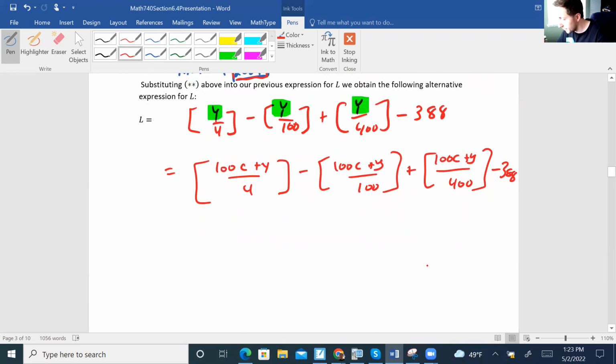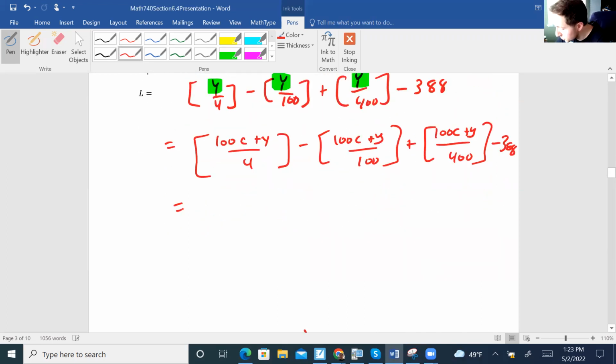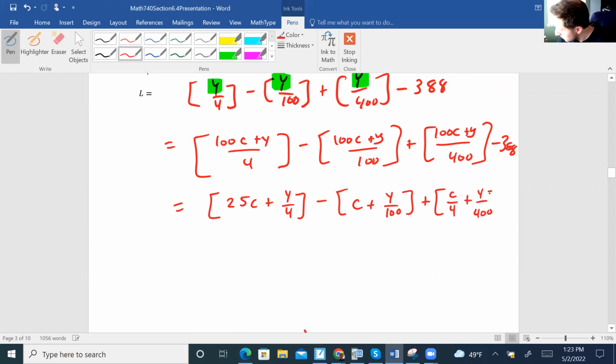And doing a little bit of simplifying here, splitting the fractions apart, this would give me 25c plus y over 4 minus, this would turn into c plus little y over 100, plus this would turn into c over 4 plus little y over 400, minus, don't forget about the little sneaky 388 at the end.